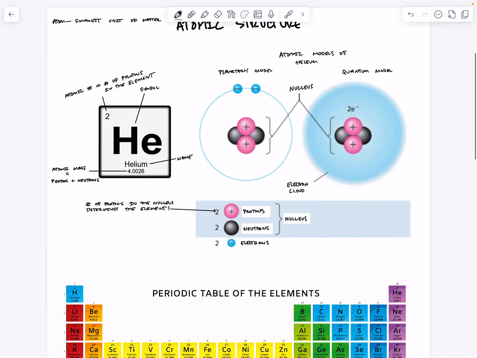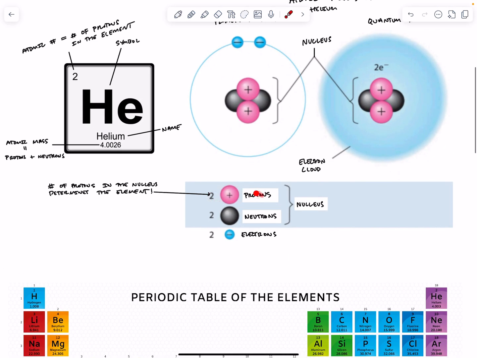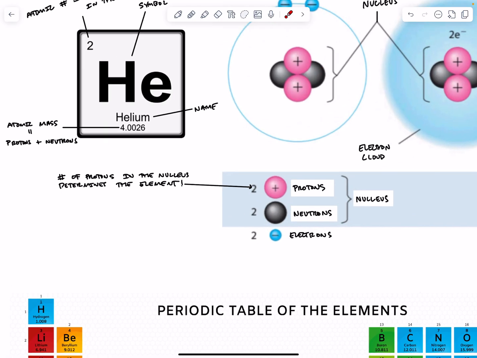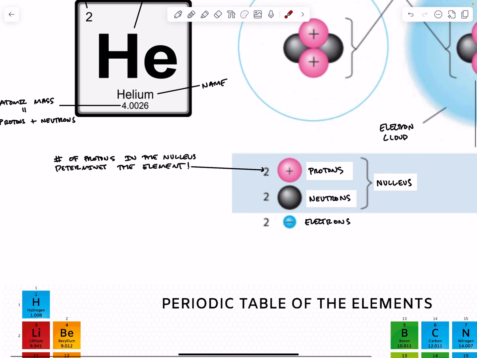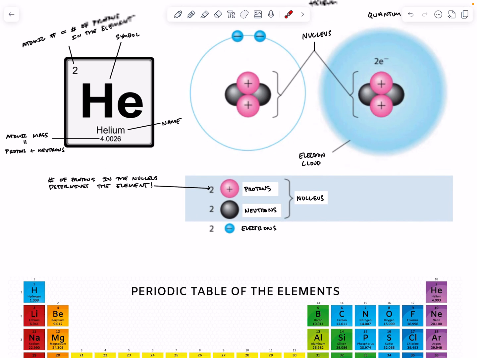Okay, which brings us back to our diagram over here. We have 2 protons in the nucleus of this atom, so we know it must be helium, and we have an atomic mass of 4, so we know there must be 2 protons and 2 neutrons. Neutrons are neutral. They do not have a charge, but they help stabilize the nucleus.